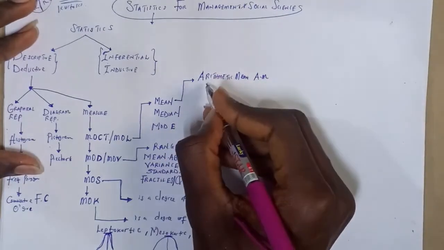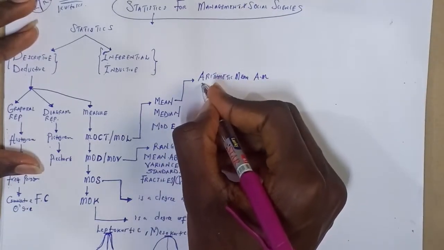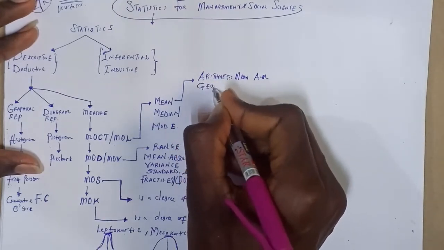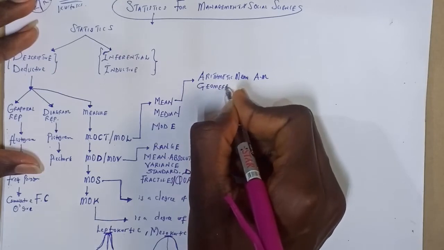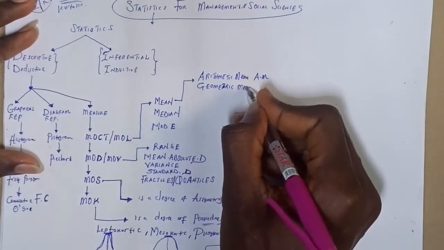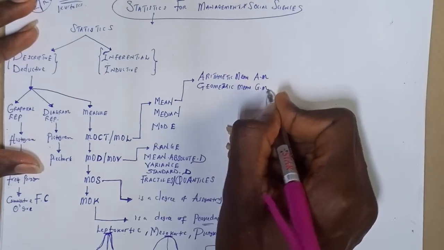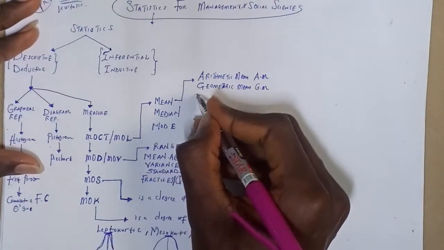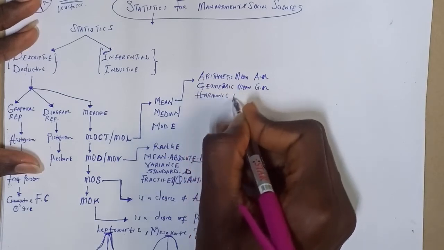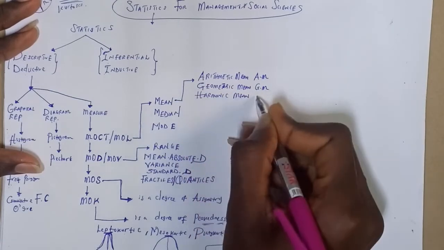We have the geometric mean, denoted as capital GM. And at the same time, we have the harmonic mean, denoted as HM.